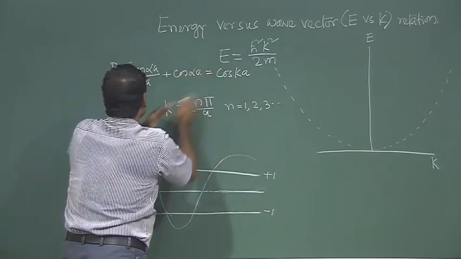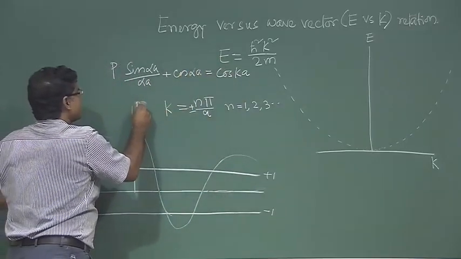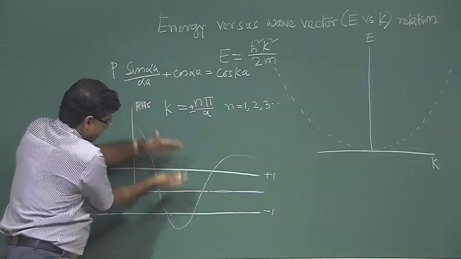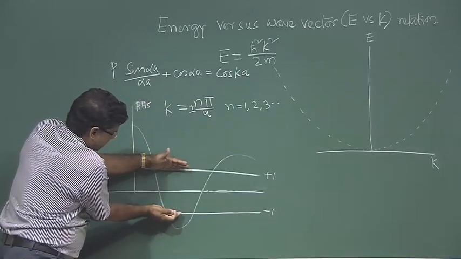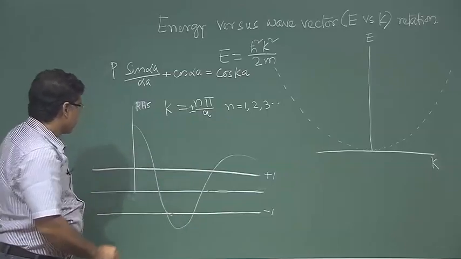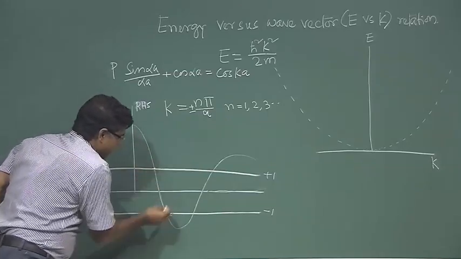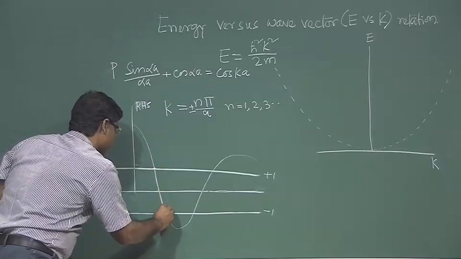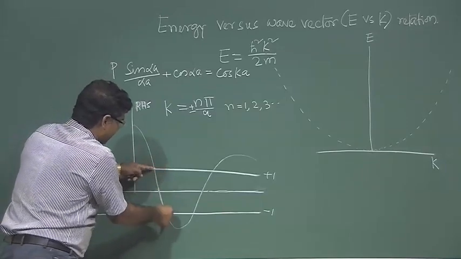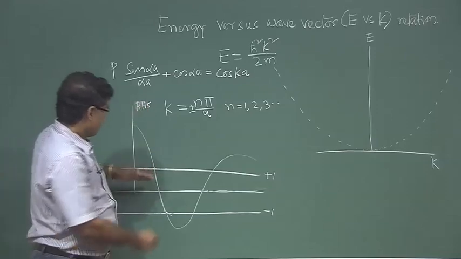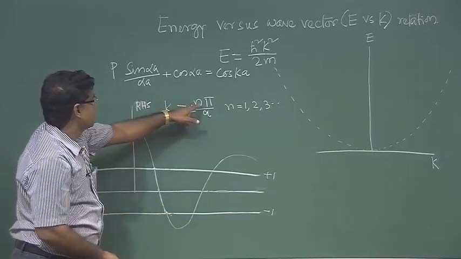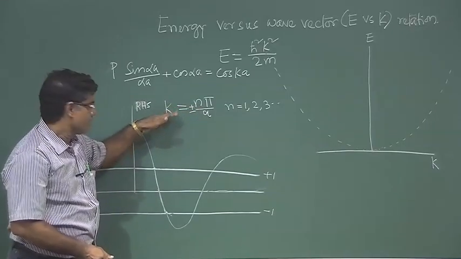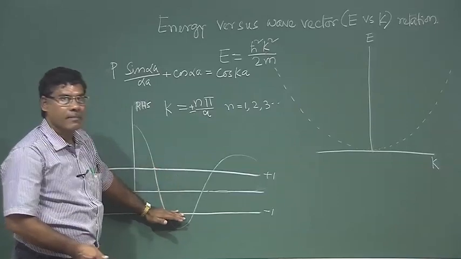This left hand side can be whatever the right hand side is, but the right hand side contains only between these two lines. So this and this point, this is the k value, these k values are allowed. These are giving the extreme points +1 and -1.